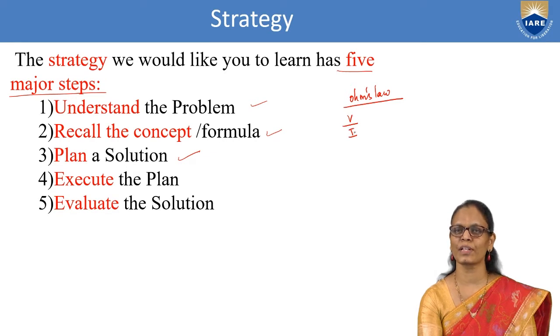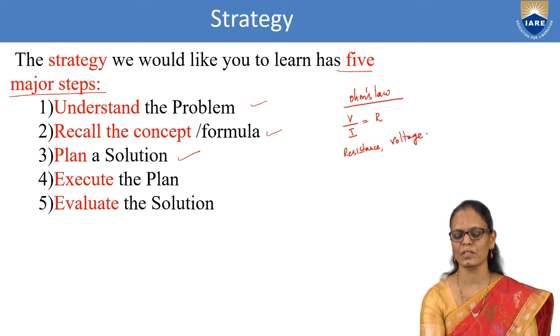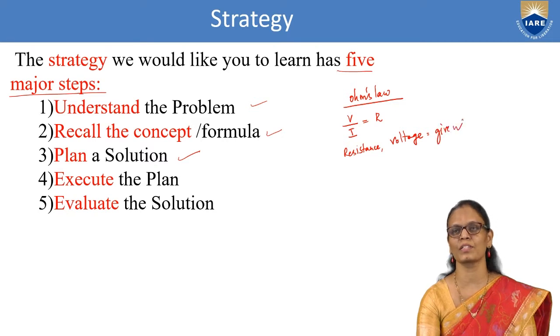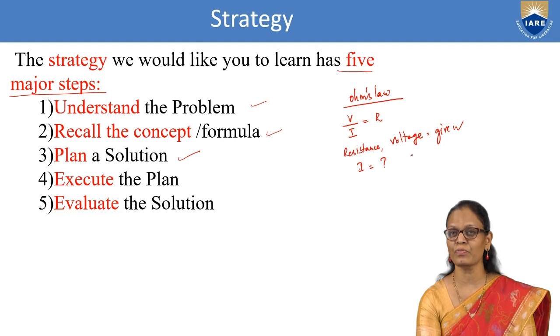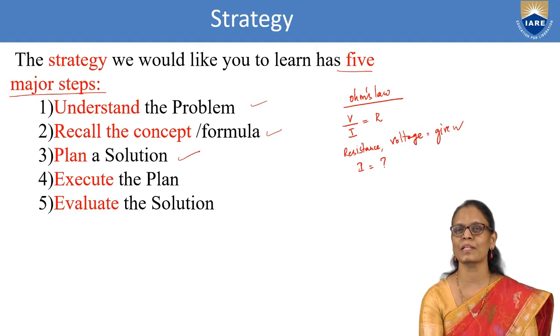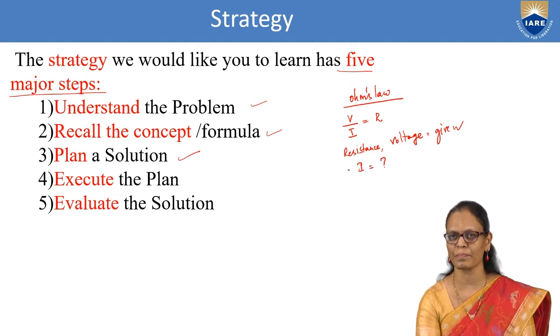The ratio of voltage to current is always a constant, which is R. Suppose you are given a numerical in which the resistance and the voltage are given. These two are given quantities, and you have to find I. So identifying this from the problem statement is the first important step.